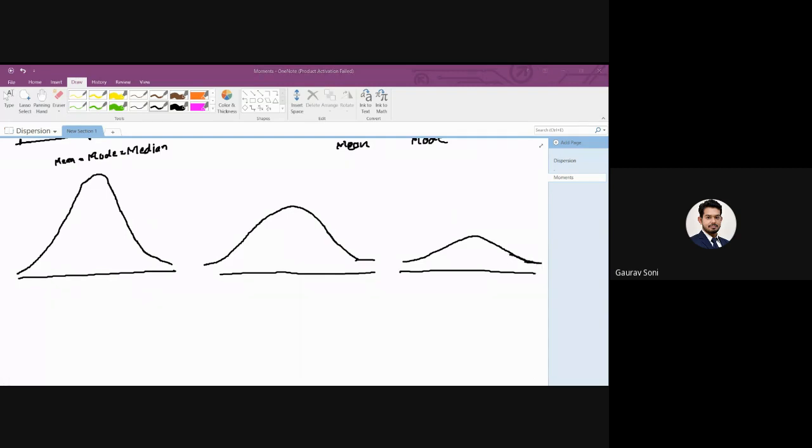What is the difference between the three of them? The frequencies.